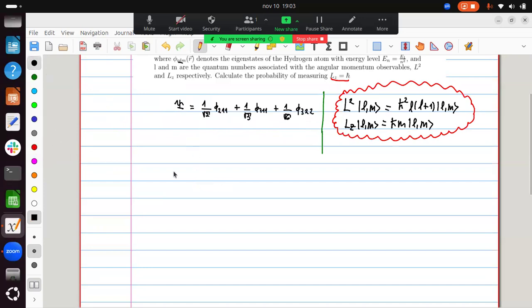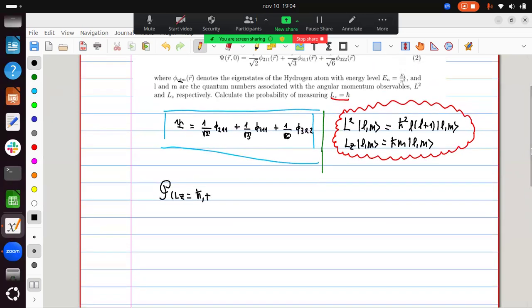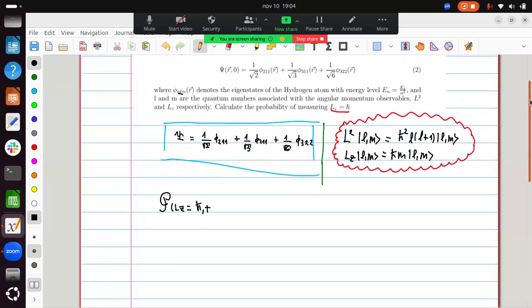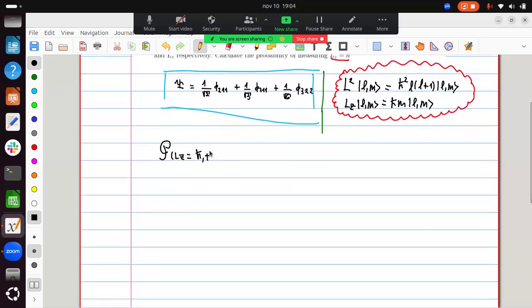So the probability associated with that, well, the overall probability over this function will be something like this, that I'm going to write over here. And the probability when Lz is equal to h bar at a time, and the problem says that it is at time 0, yes, time 0, so this term is just 0.